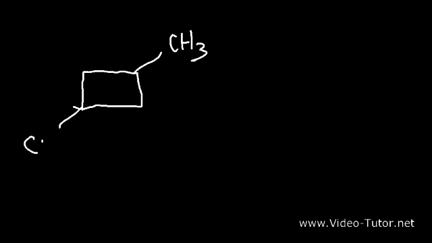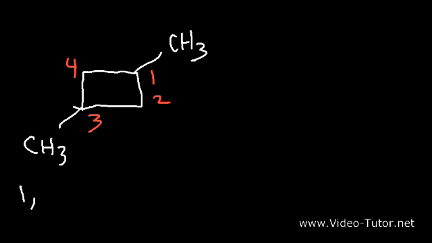Try this one. Go ahead and name this particular compound. By the way, for each of these examples, feel free to pause the video as you work on it. So there's 4 carbon atoms in the ring, so the parent name is called cyclobutane, and we have a methyl on carbon 1 and on carbon 3.